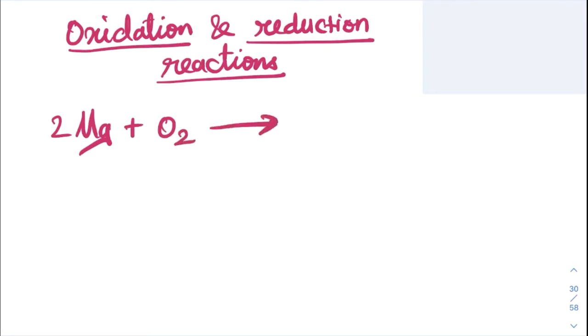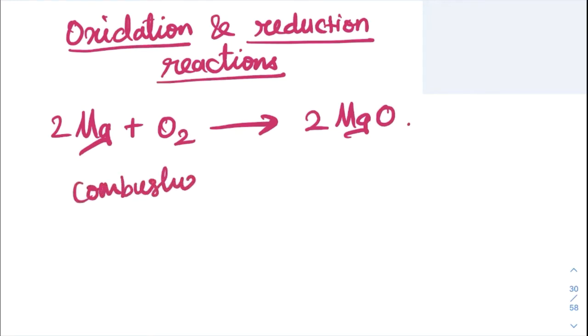What is the equation? 2Mg plus O2 gives 2MgO. Yes. And this reaction is a combustion reaction. What do you mean by combustion? Burning. Yes, burning in the presence of oxygen is called combustion. So this is an example for combustion reaction.